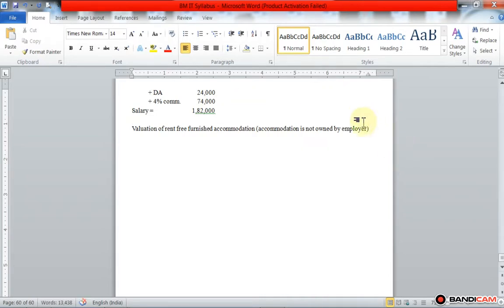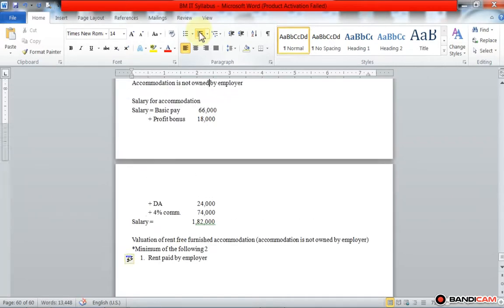Then we prepare a list of the following two, and take the minimum of the following two. First point, A1, that is rent paid by the employer.